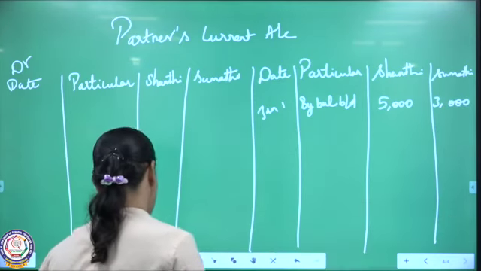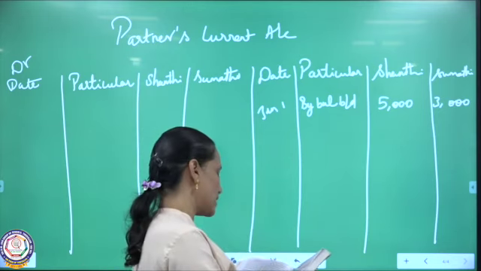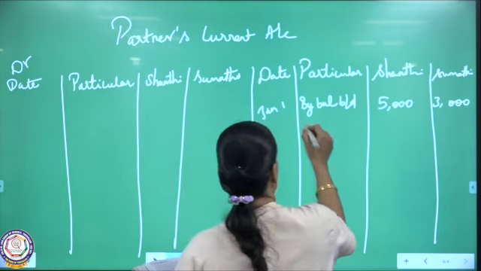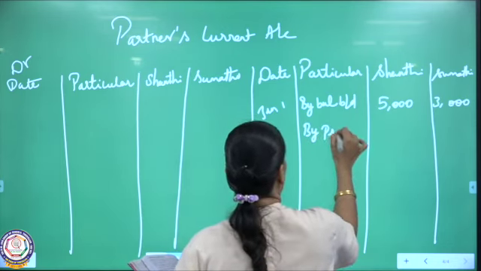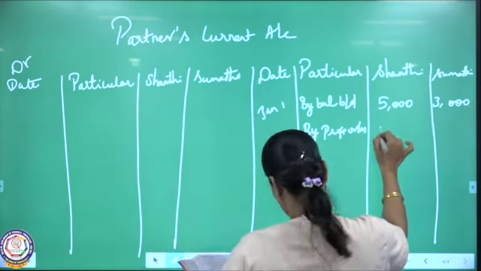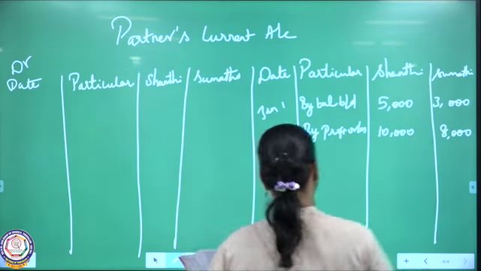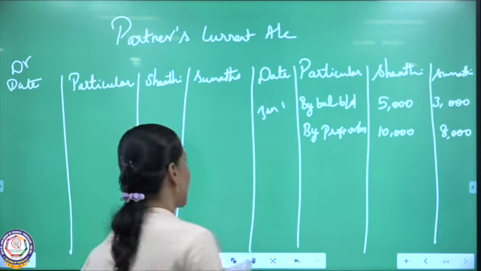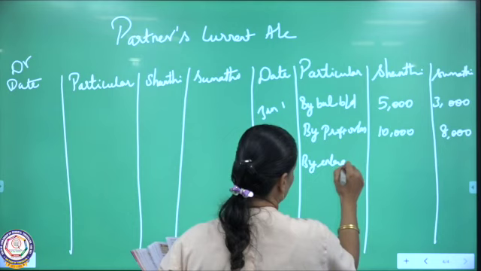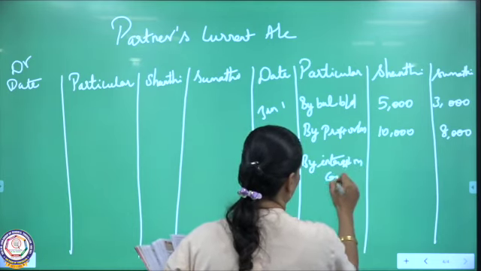And then what should we write? By profit or loss appropriation. Here also they have given share of profit 2018, 10,000, 8,000. So that is by profit or loss appropriation, okay, so 10,000 and then here 8,000. And then by interest on capital.